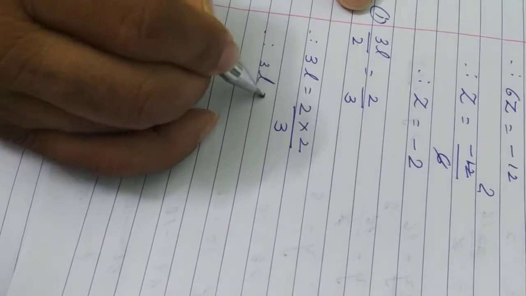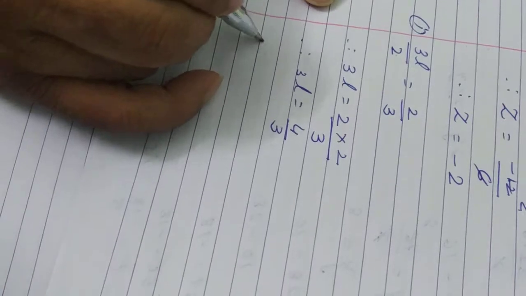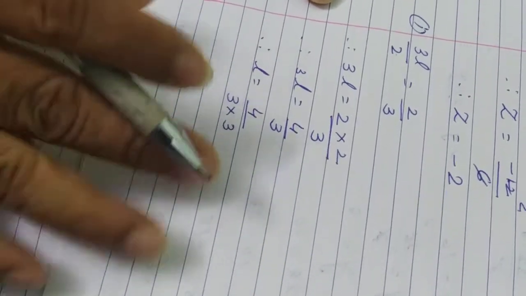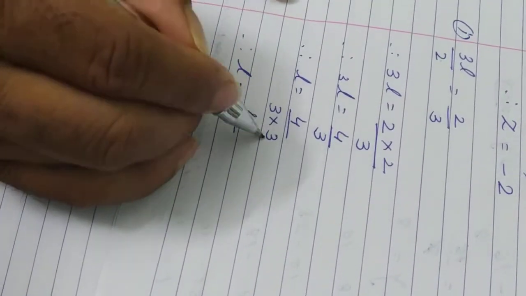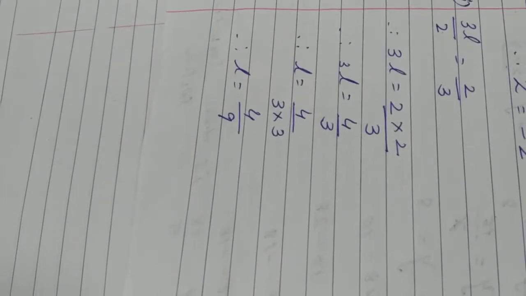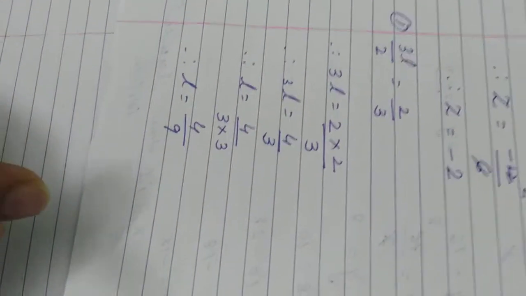Therefore, 3l is equal to 4 upon 3. Therefore, l is equal to 4 upon 3 multiply 3. Therefore, l is equal to 4 upon 9. Understood? So we can say l is equal to 4 upon 9 is the required solution.